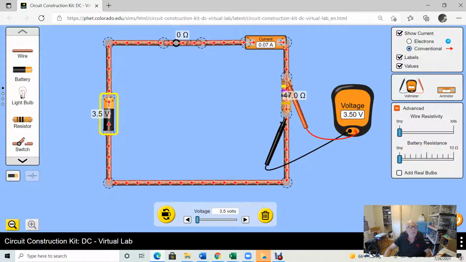The battery is a source of energy. It's just like the engine of your car. It is providing energy to this circuit. This input energy, the resistor burns the energy out.